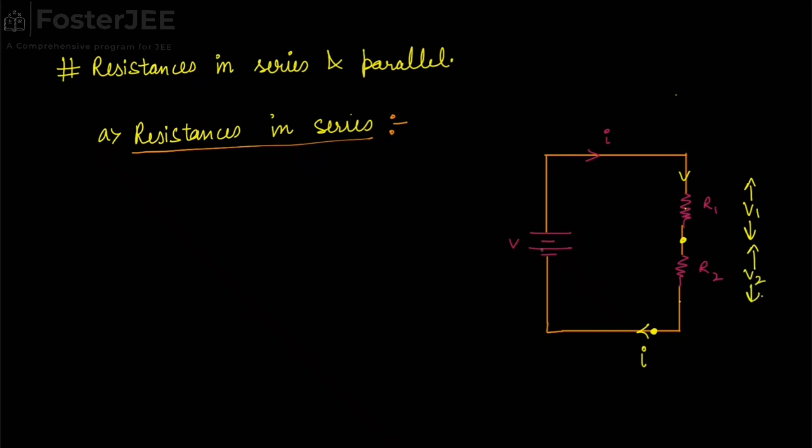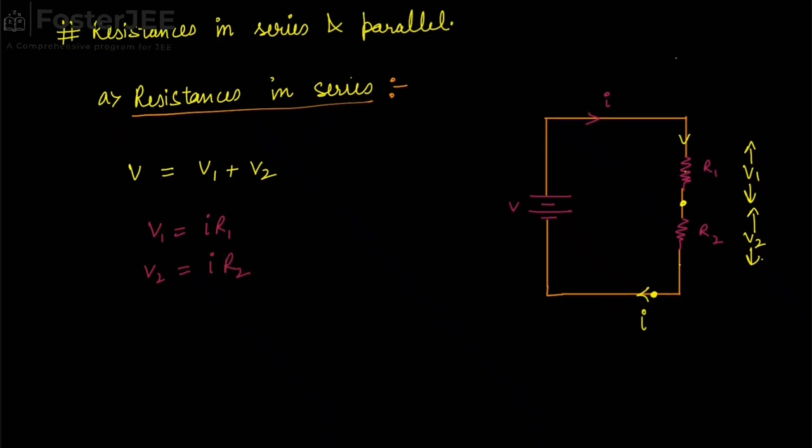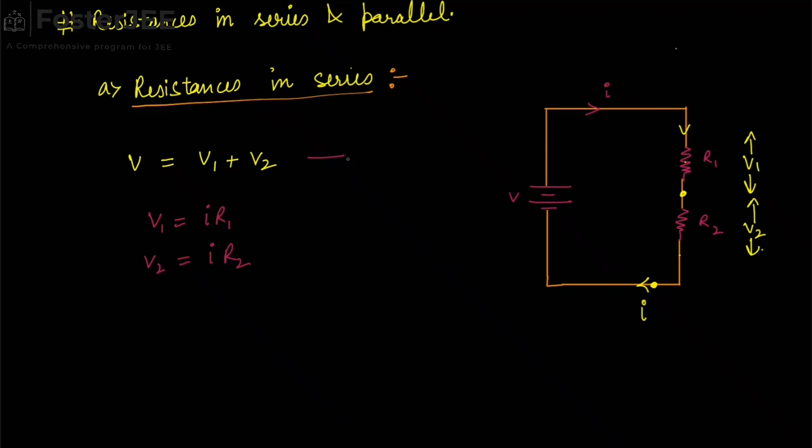So we can see that the total potential difference has to be equal to the sum of the potential differences across both the resistors, that is V equals V1 plus V2. Applying Ohm's law for the first resistor, we get V1 equals IR1, and for the second resistor it will be V2 equals IR2. Plugging this into the equation, we get V equals I times R1 plus R2.